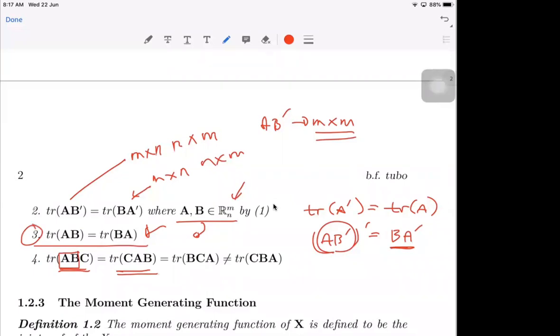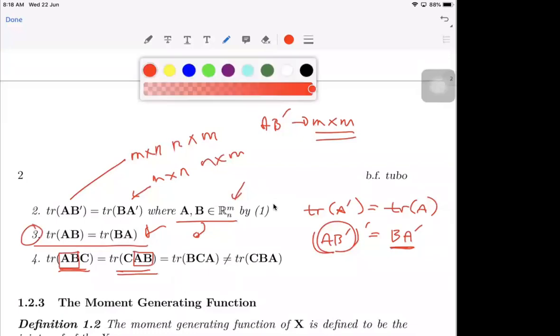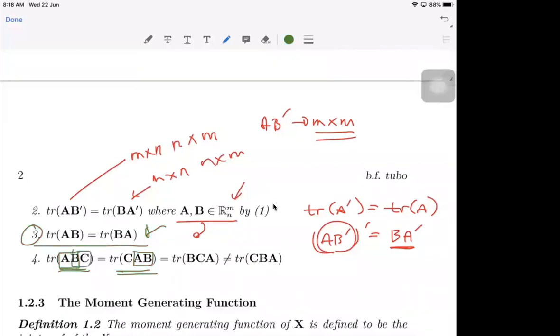So you will have the trace of ABC is equal to the trace of CAB, or equal to, in here, what is fixed is BC. So you have BC times A. But it's not equal to the trace of all the permutations of the matrices.